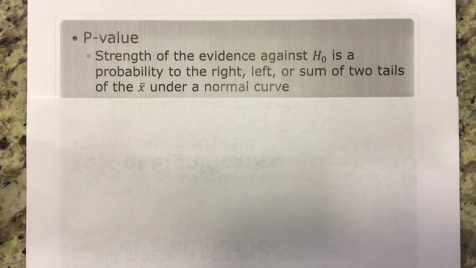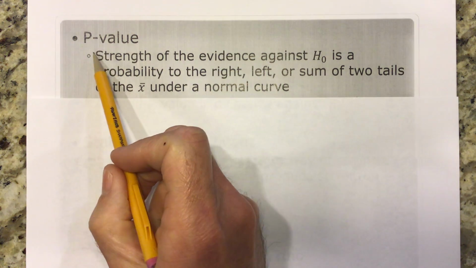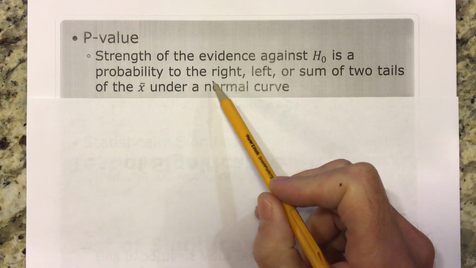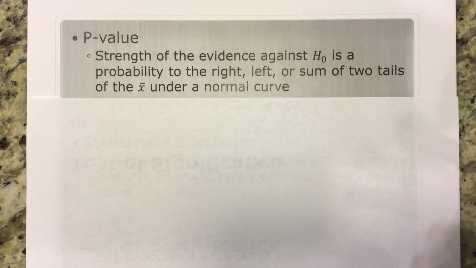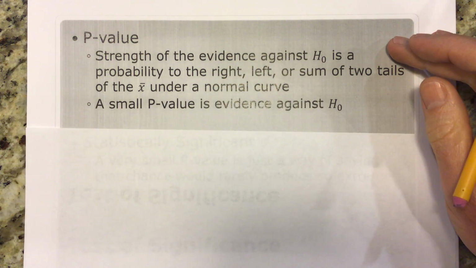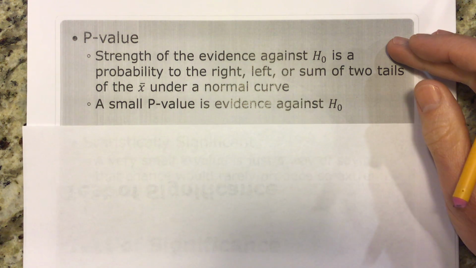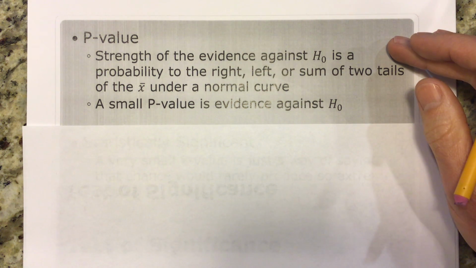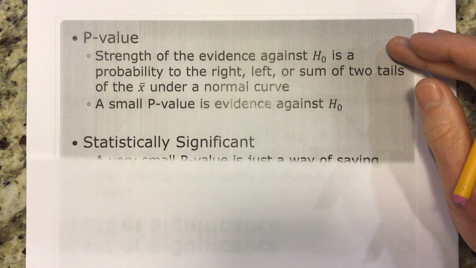So it's one of those three things as your alternative. Your alternative hypothesis is going to dictate if you're looking at the right tail, left tail, or the two-tailed. And as I already mentioned, the p-value is the strength of your evidence. The smaller the p-value is, the more evidence you have to refute or reject your null hypothesis.